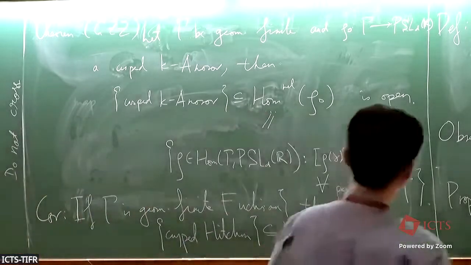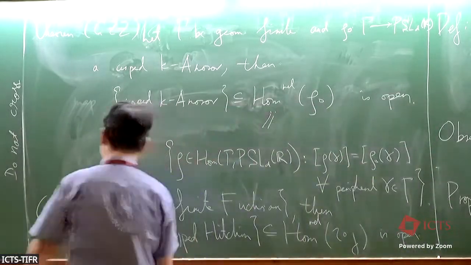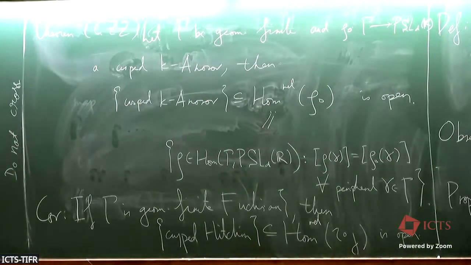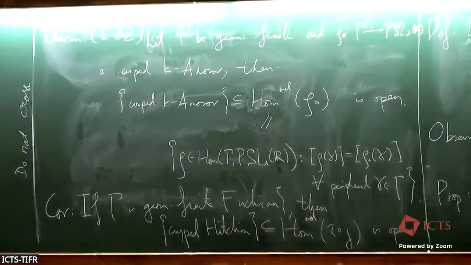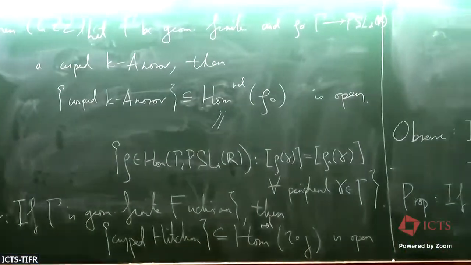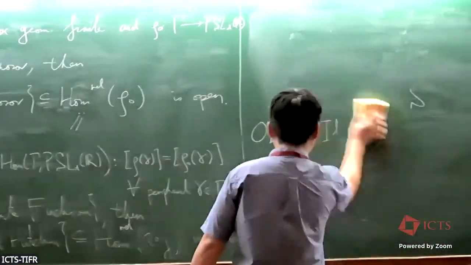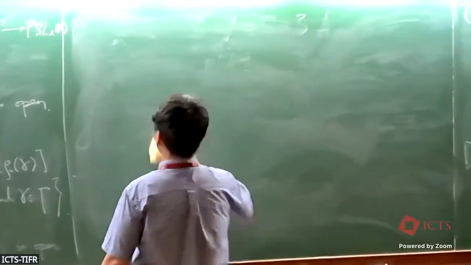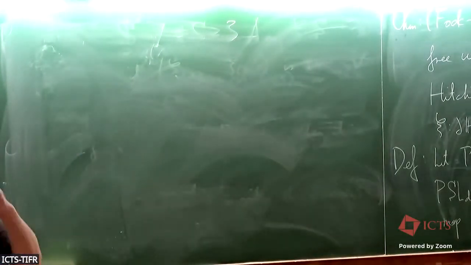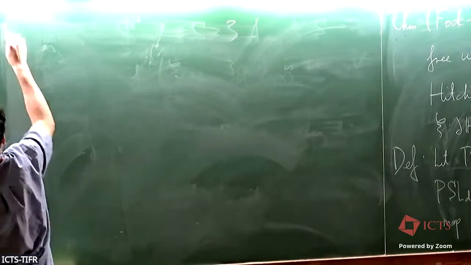Okay, so you get openness of these cusp Hitchin representations. And then finally, you have closedness. This is not a theorem in our paper, so let me write this as a folklore theorem, because I think experts know how to do this, but I don't think it's written down in the literature.